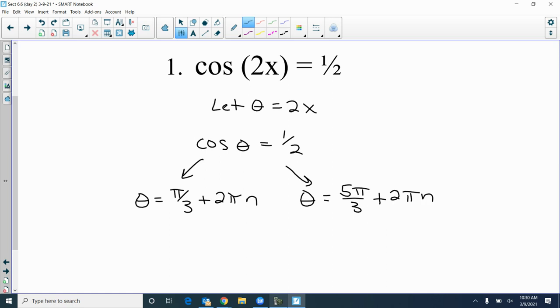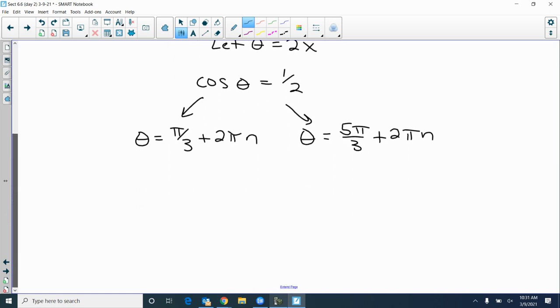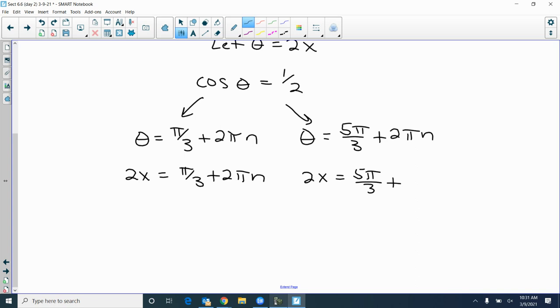Only when there's something other than an x, because I could have more than two answers. Now theta got replaced by what? 2x. So put 2x equals pi over 3 plus 2 pi n. And then 2x equals 5 pi over 3 plus 2 pi n.